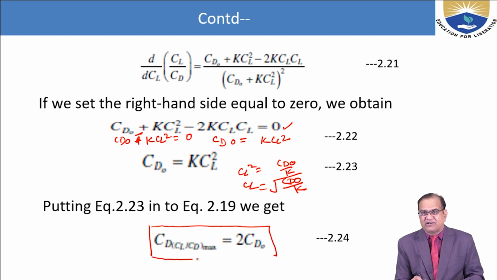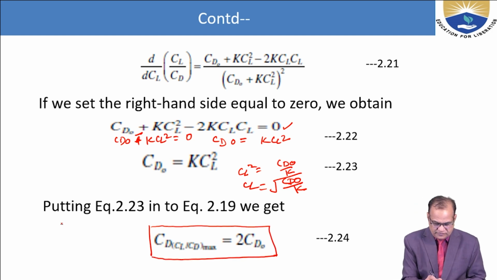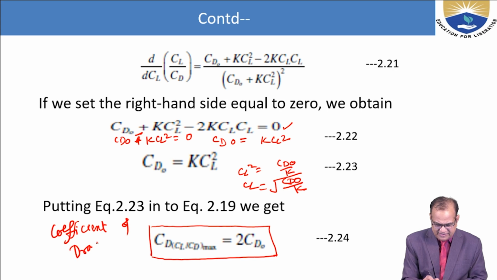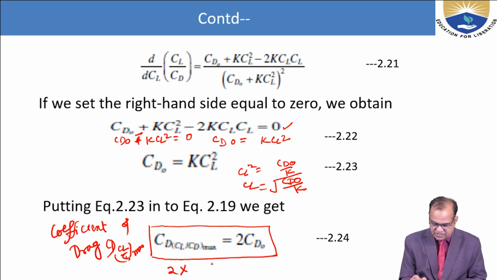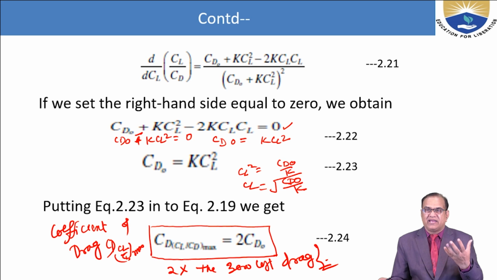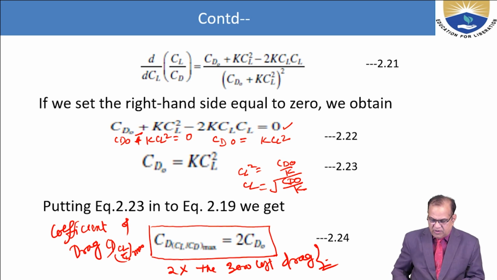The coefficient of drag, that is CD, for CL by CD maximum should be 2 times the zero lift drag. This is the ideal condition, which we have to maintain for the best performance.